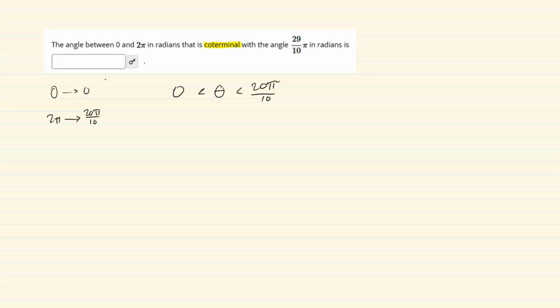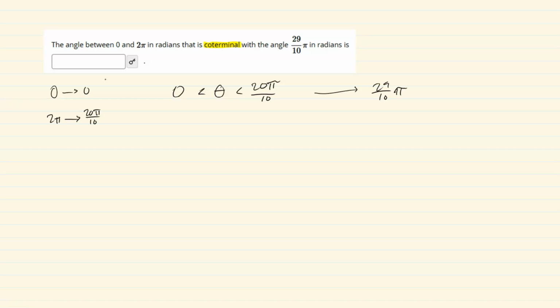That's the angle we're looking for with the denominator of 10. So 29 over 10 pi is too far out in that direction.